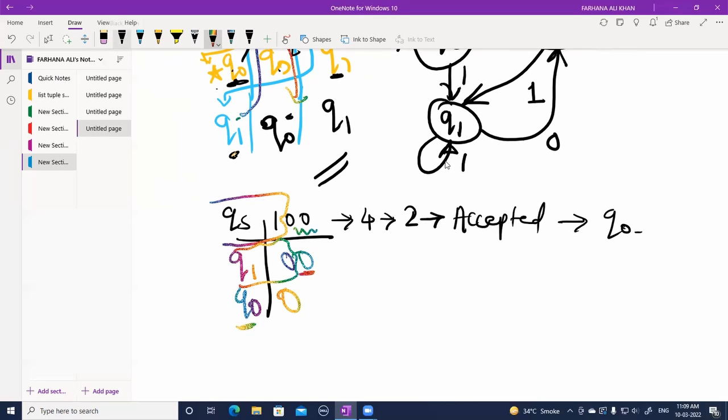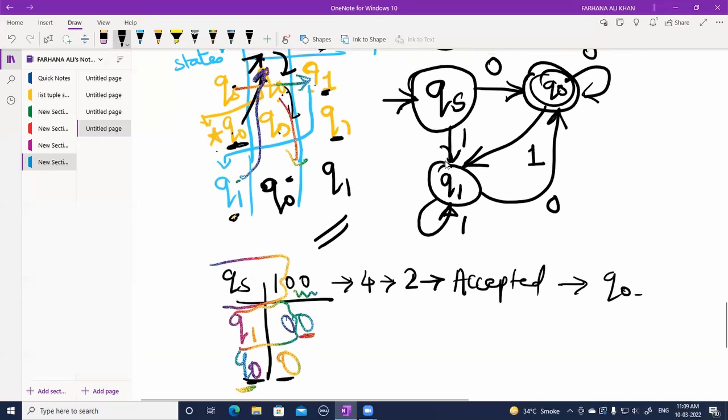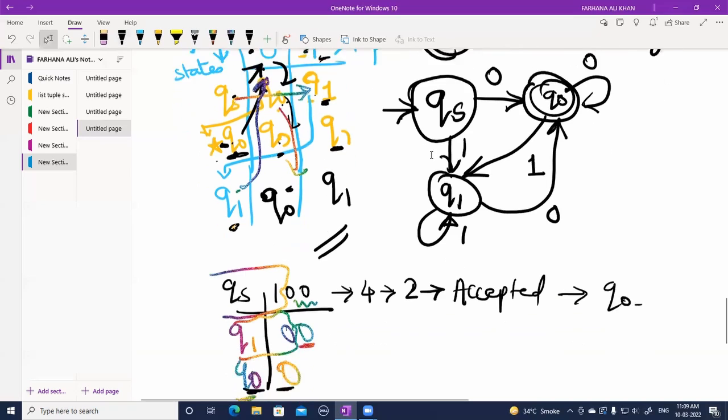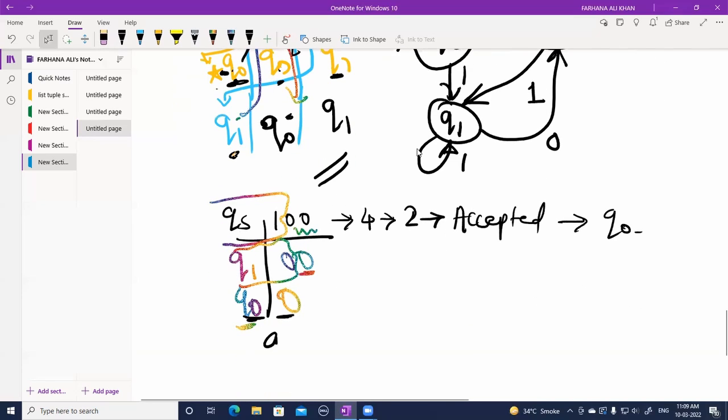Now we take Q0, the remaining state, with the next bit as 0. Q0 on bit 0 goes to Q0 state. So it is going to Q0 state, which is the final state. That means the FA that we designed is correct.